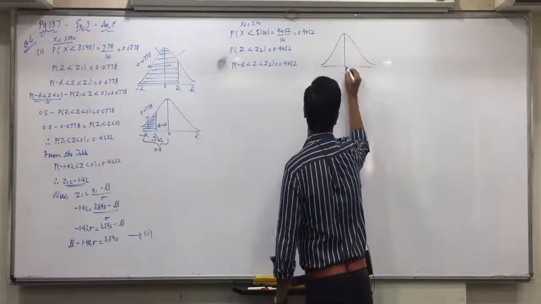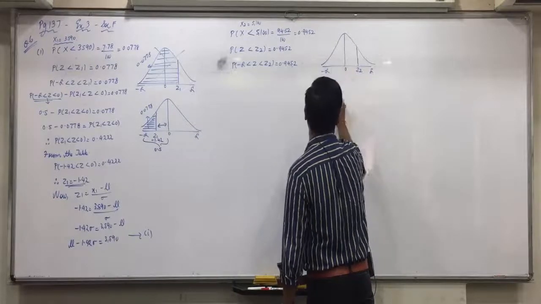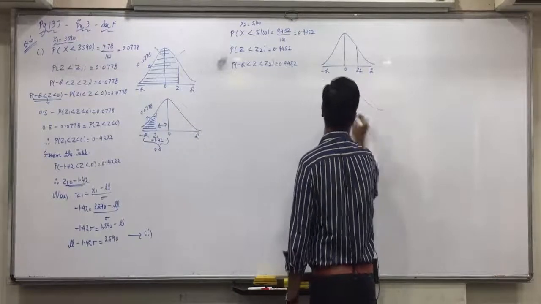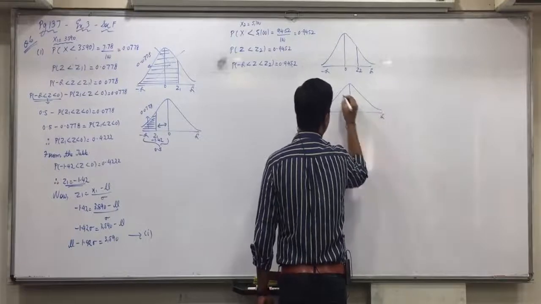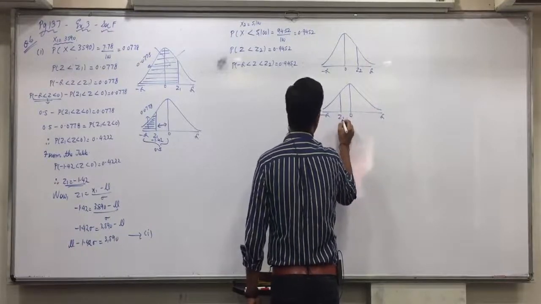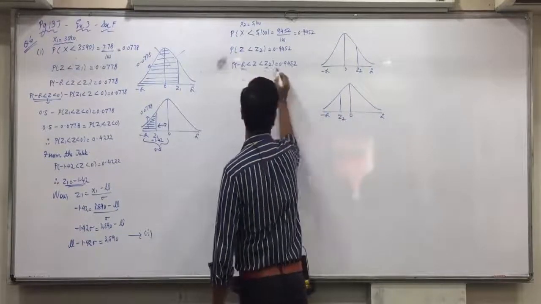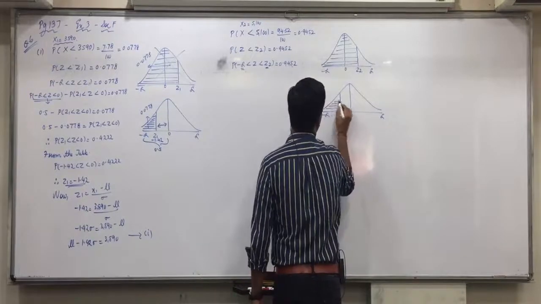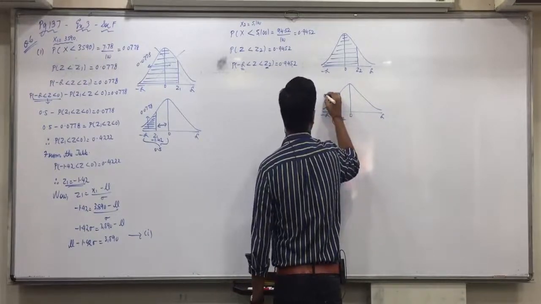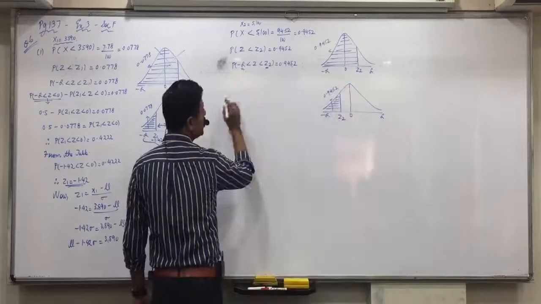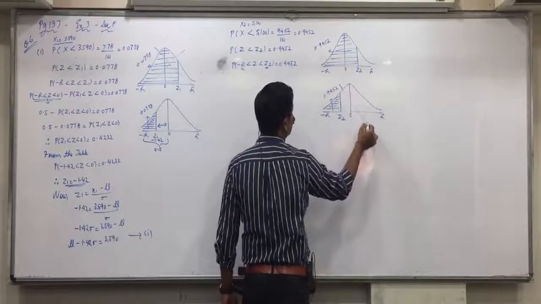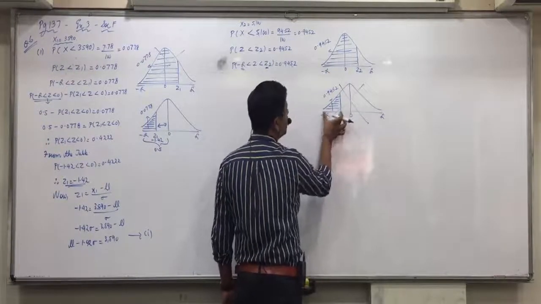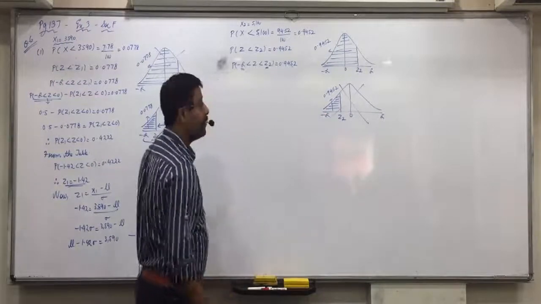In one diagram we'll take z2 on the right side, in another diagram z2 on the left side. In both the diagrams shading is to be done between minus infinity and z2. This area is given as 0.9452. So the first one is right, the second one is not possible, because if this is 0.5, this should be less than 0.5.